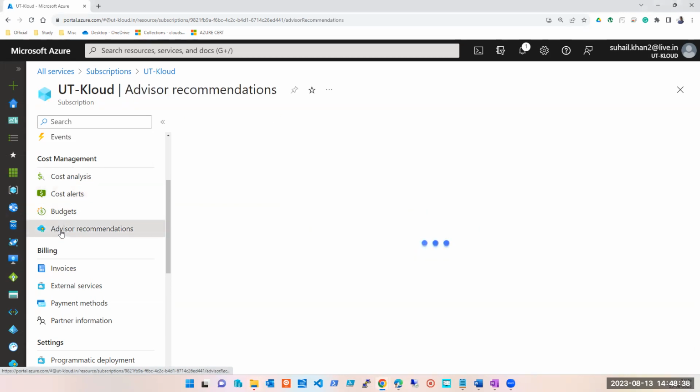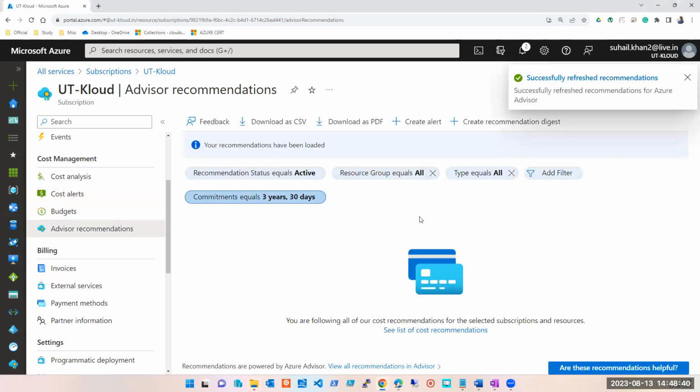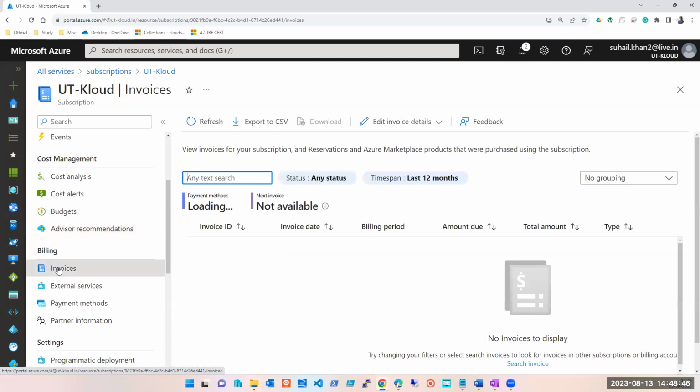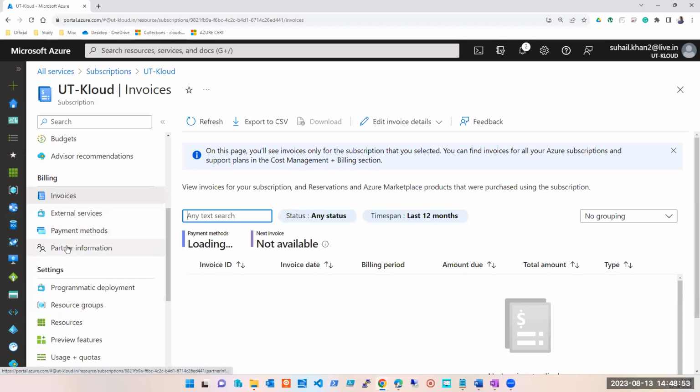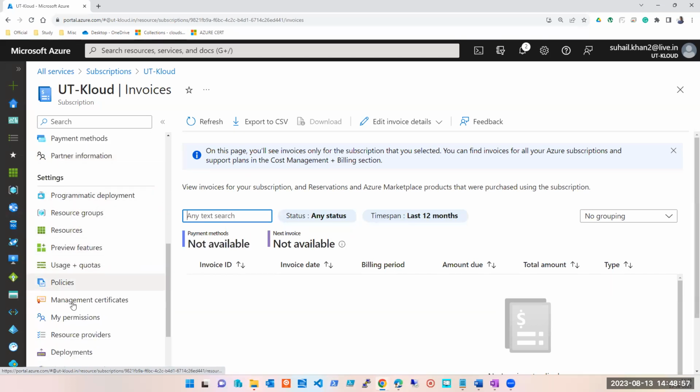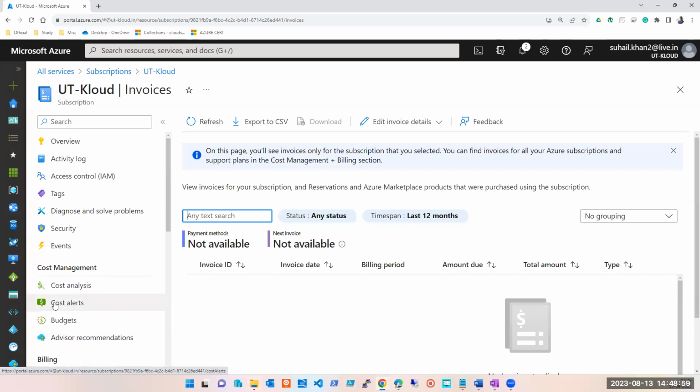Advisor recommendation will give you recommendations, for example that you have deployed a service but you're not using it at all. Invoices, you all understand. External services, payment method, and partner information, you don't have to worry about. Apart from this, these settings you don't have to worry about either. We are going to learn this in detail.